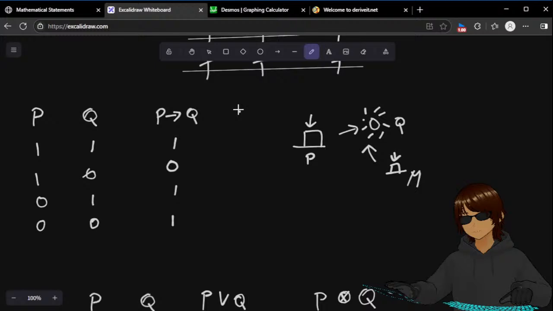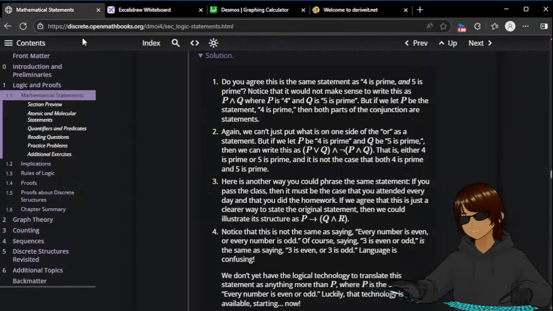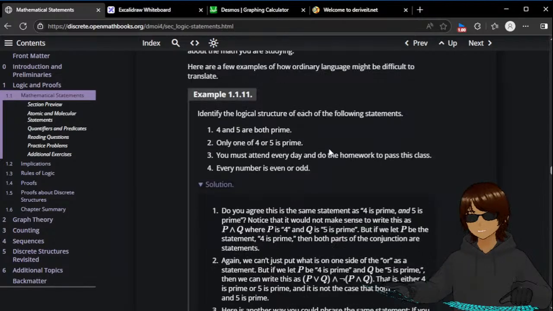And then 1, 1, 1, 0. Yeah, so let's say Q is attending every day and doing the homework.